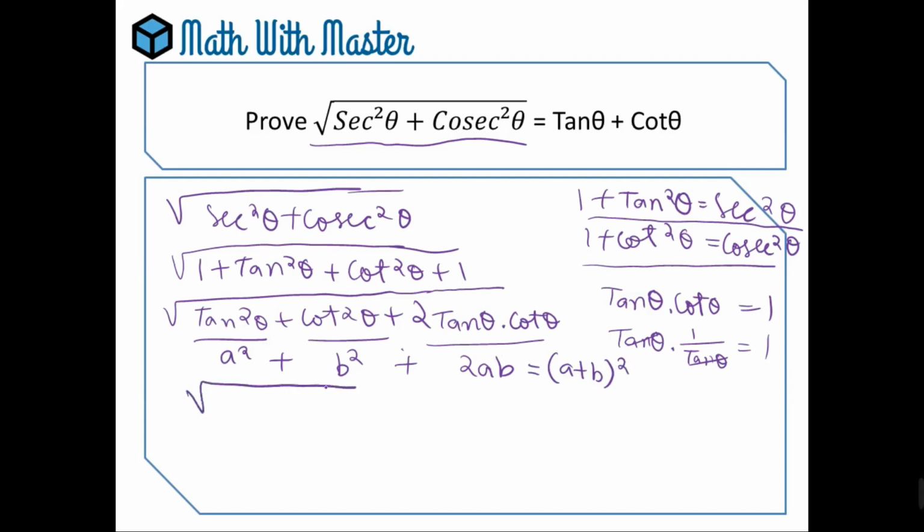So we can write it as under root (tan theta plus cot theta) whole square. Here the under root and square will be cancelled, and the answer will come tan theta plus cot theta. This is the answer. We have proved it.